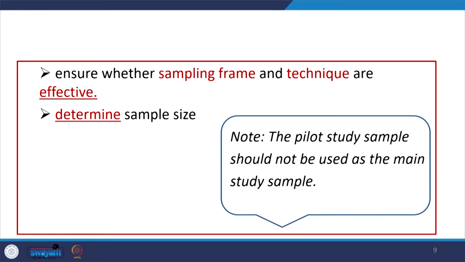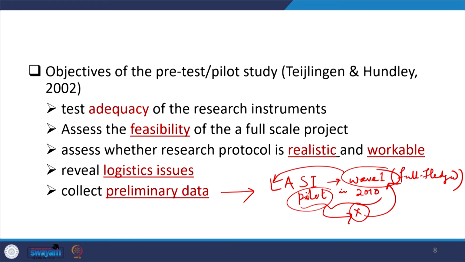Like when you know that more or less similar information is derived from the pilot survey, the population you are targeting is largely homogeneous. Okay. When your set of responses are more or less homogeneous, better not to go for a large sample. You could restrict your sample to a limited size. Okay.